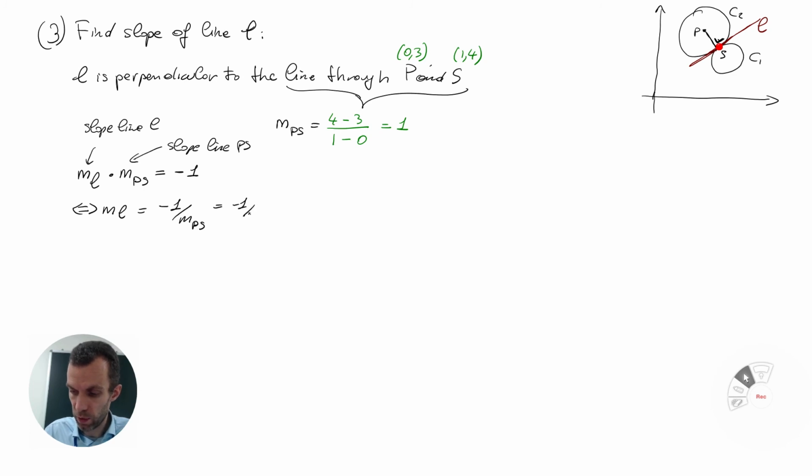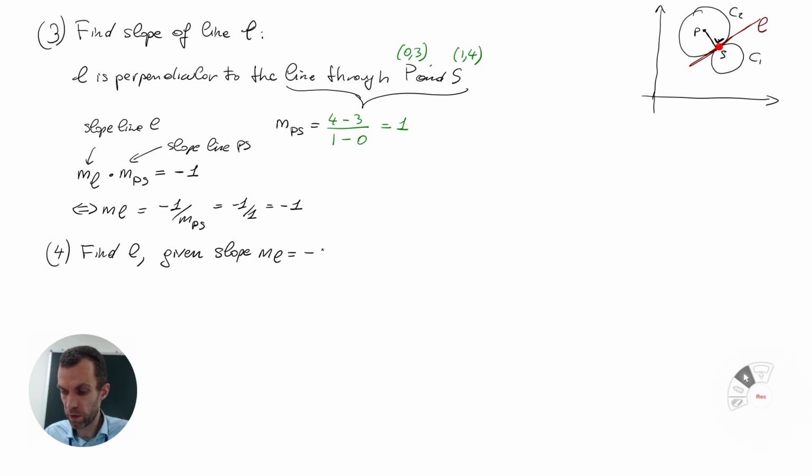That's minus 1 over 1, or just minus 1. Okay, that's great, because now we have the slope of the line, and we know that the point S is on the line. So now we can find L given slope ML is equal to minus 1 and point S with coordinates 1, 4 on the line L.